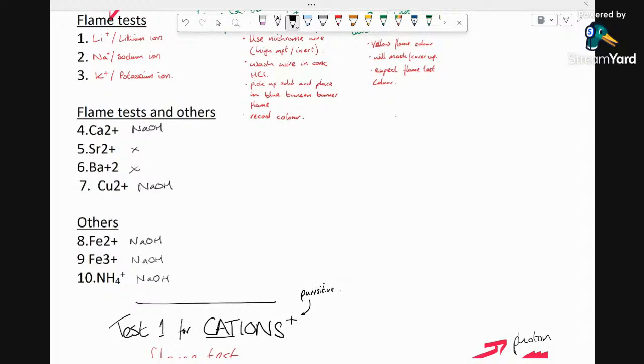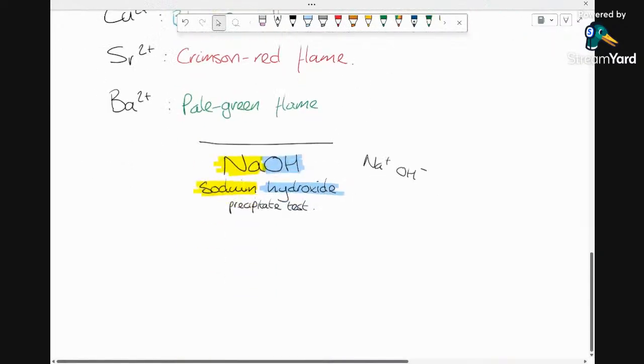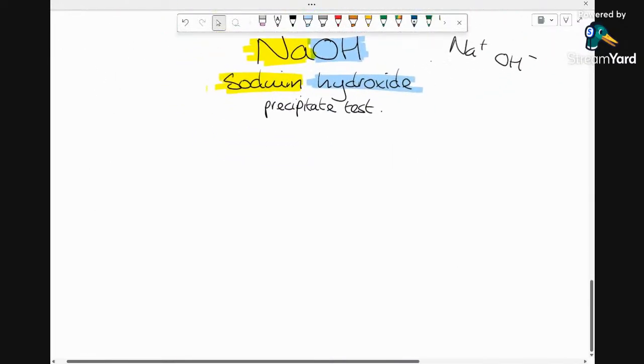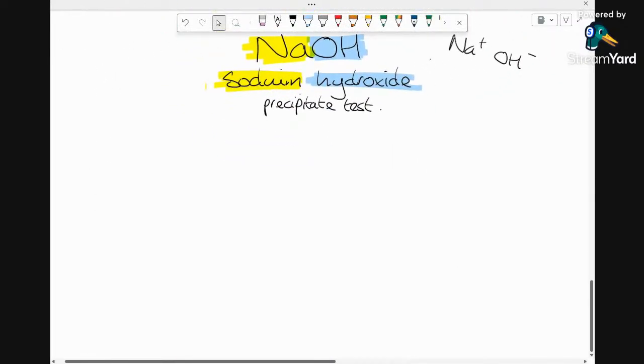So let's have a look at our sodium hydroxide test, and I'm going to put these 4 colors into one separate thing. Okay. The ions that we need to know for testing for, by the way, this is not an all-inclusive list. Aluminium and zinc can also be done. And I'm just warning you, I'm not trying to be perfect here. I'm trying to just make sure I get the majority of this done.